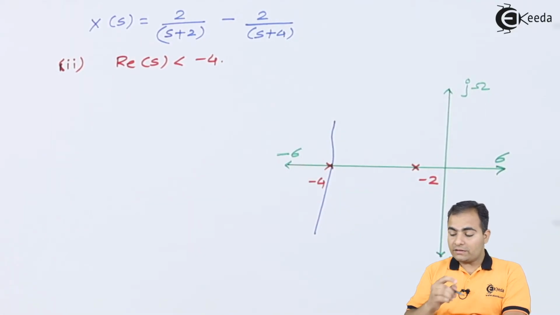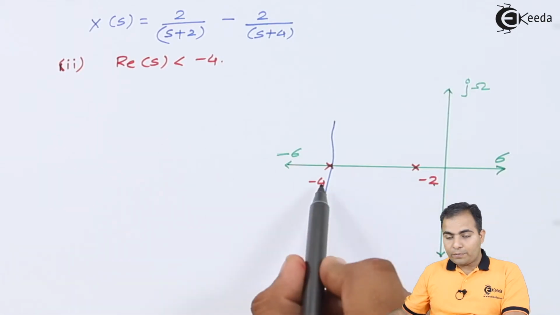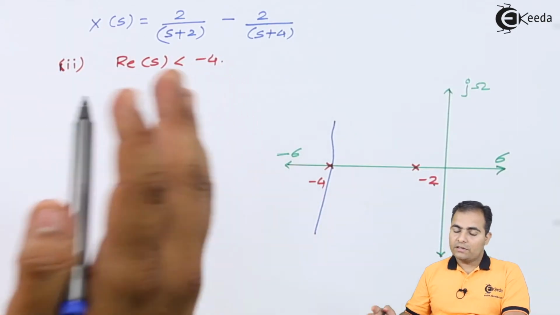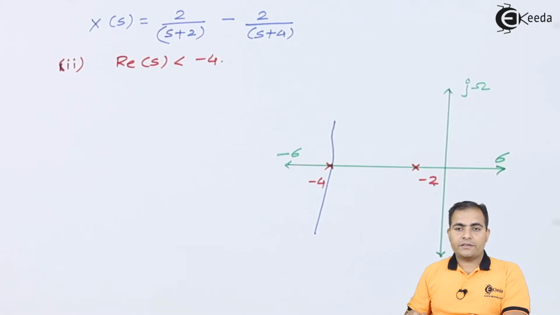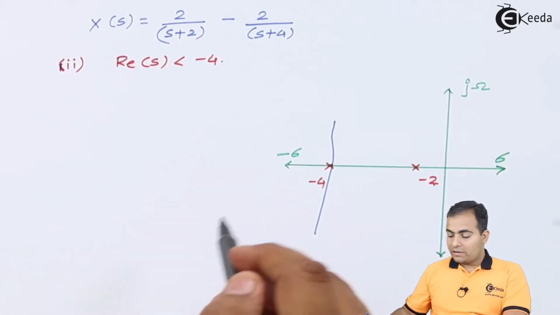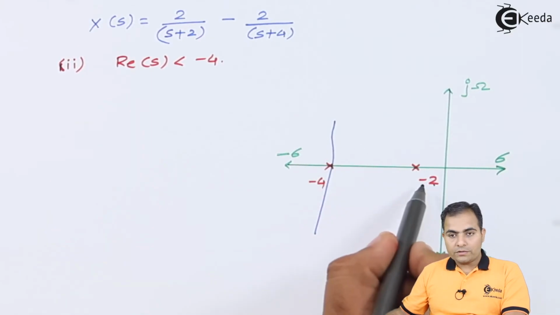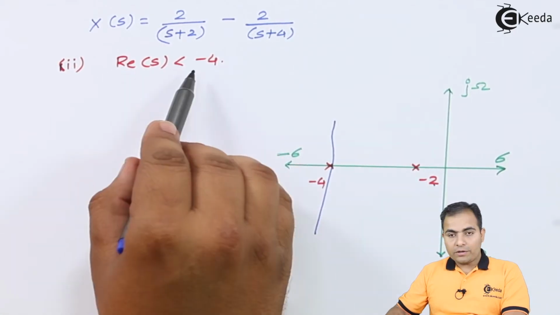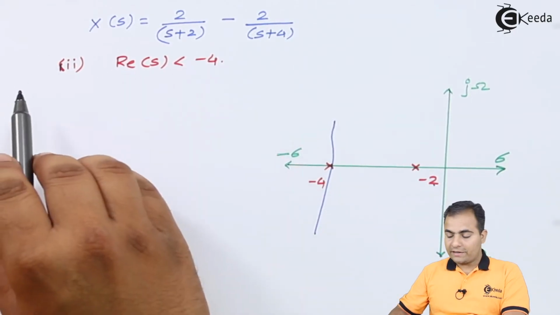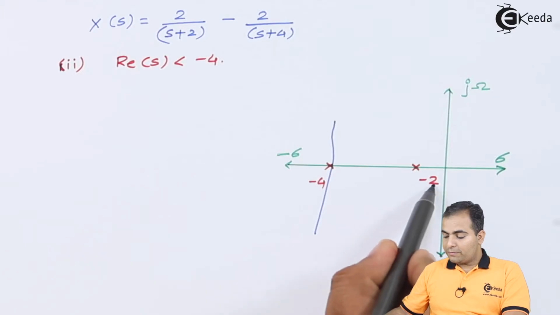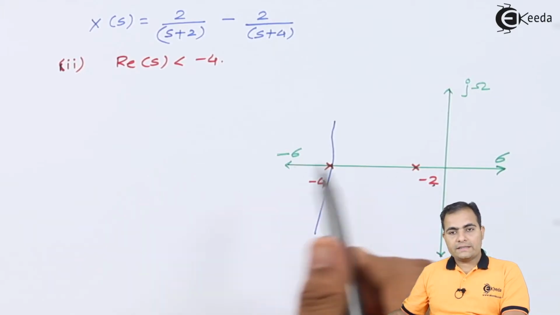And one more thing: the ROC for all the poles on the right-hand side is also left-sided, which means here we have 2 poles, and since our ROC is left-handed, these 2 poles will also follow the same ROC.